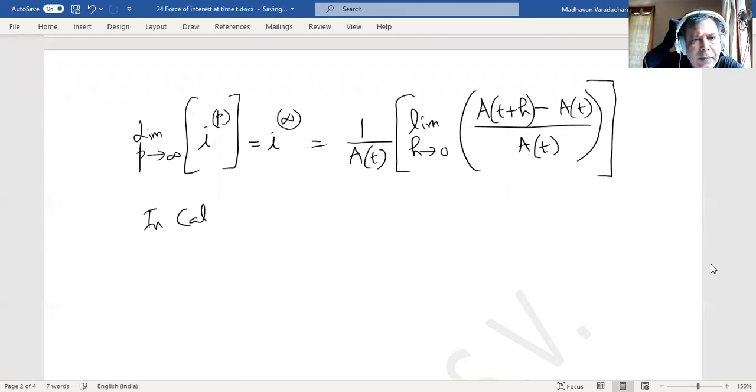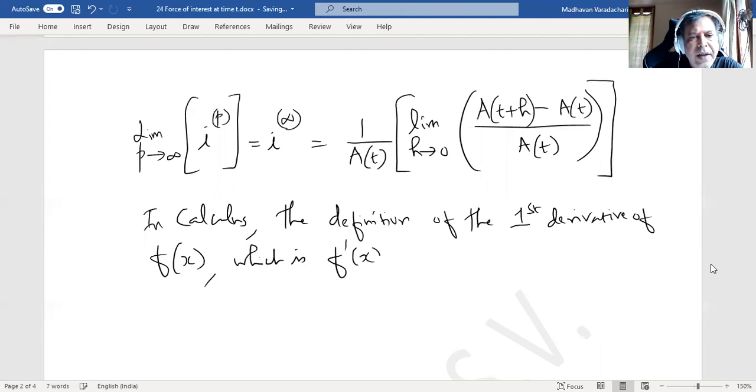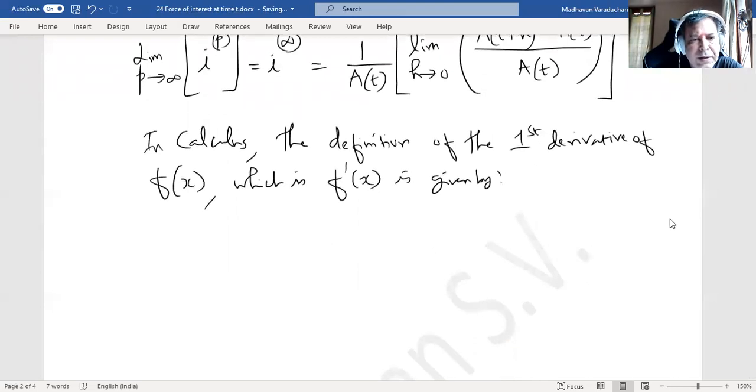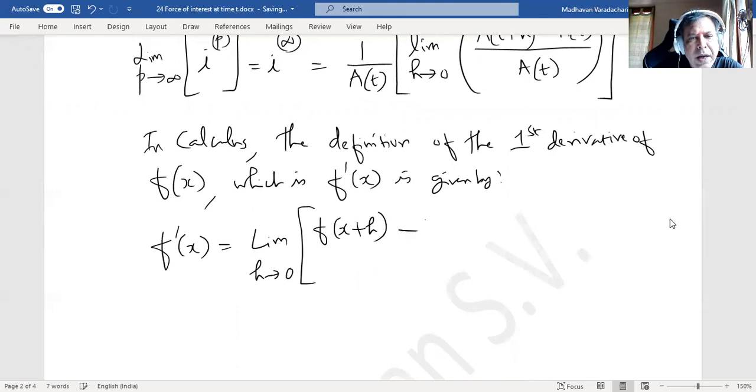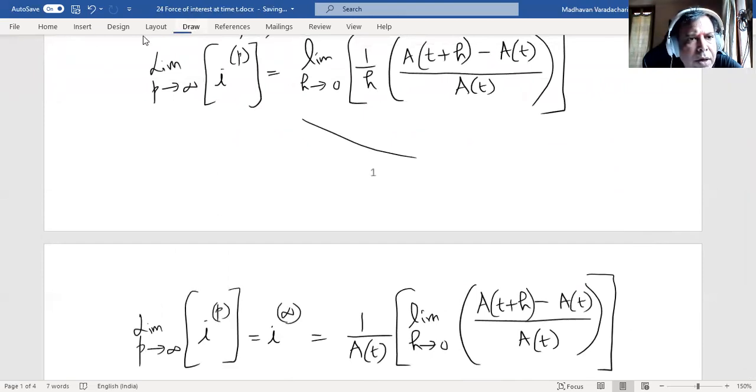In calculus, the definition of the first derivative of f(x), which is f'(x), is given by, I'm writing the definition in terms of limits: f'(x) equals limit h tends to 0, [f(x + h) minus f(x)] divided by, here I wrote it wrongly.